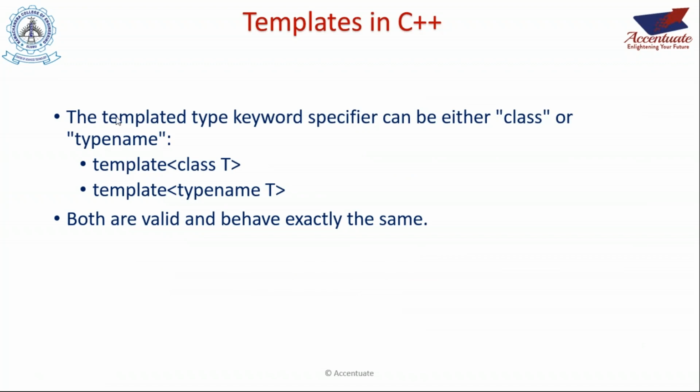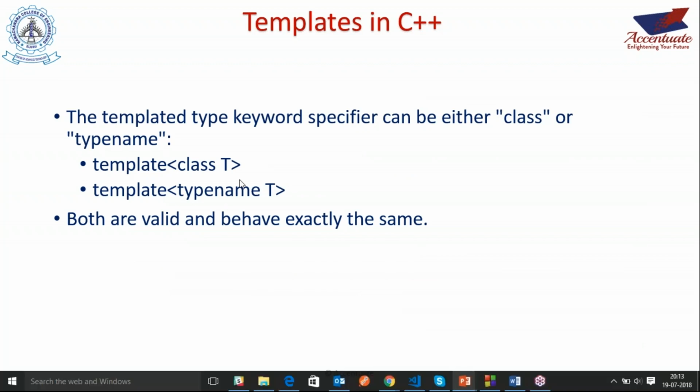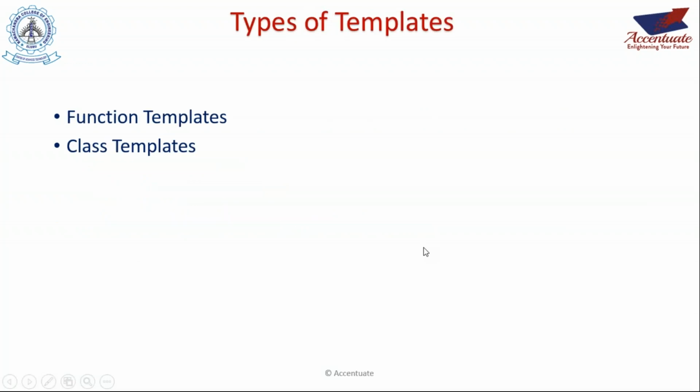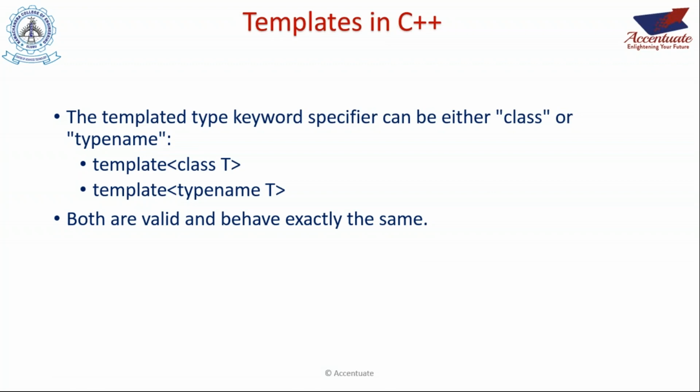When I'm speaking about templates, let me clearly tell you there are two types of templates available. One is a function template, the other is a class template. Whenever I work with a function template or a class template, we need to be very concerned about the specifier, the template keyword, the type keyword, and the type name.